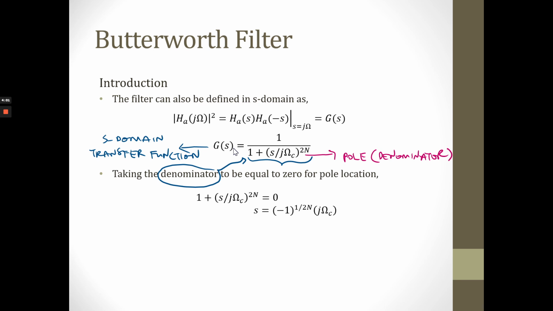In this case, we take the denominator equal to 0 to determine the pole location. The pole location is S equal to minus 1 with the power of 1 divided by 2n, jωC.